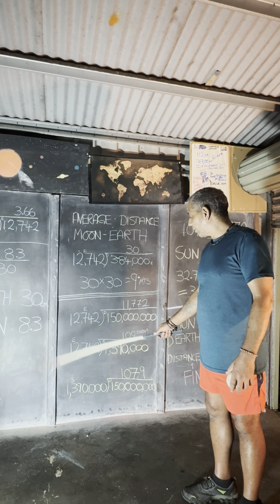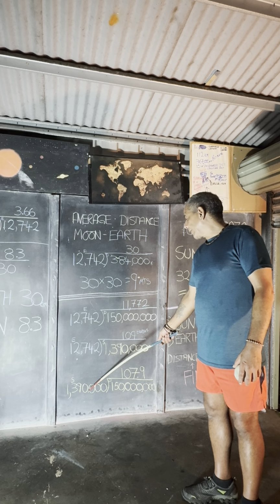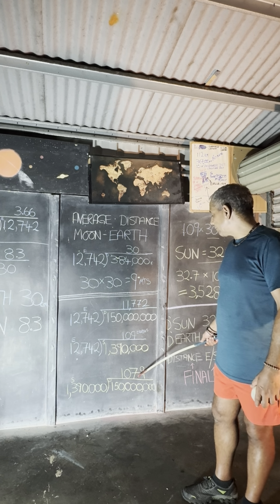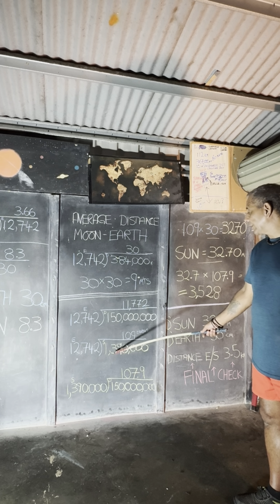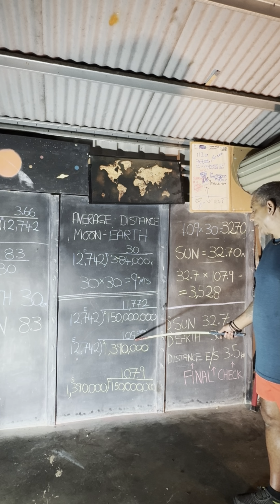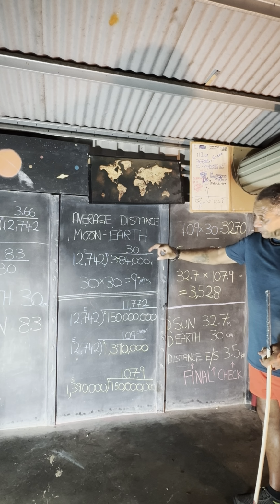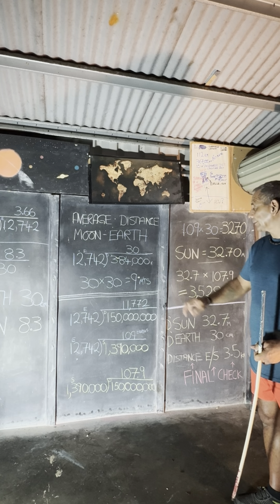The distance between the sun and us. We divide that by the sun's diameter and we get 107.9, right? If we divide the sun's diameter by Earth's diameter, we get 109. So there are 109 planet Earth's diameters in the sun's one diameter.